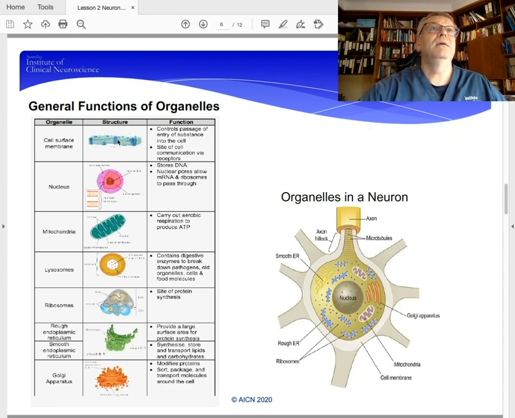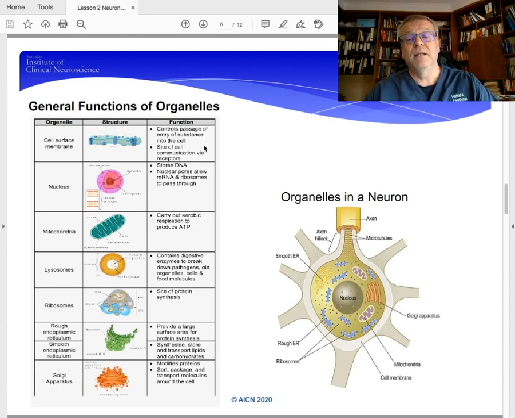So this is the cell surface bilaminar membrane that we've already talked about. And obviously, as we've discussed previously, it controls passage, the entry and exiting of substances from the extracellular or intracellular space. It also is very important because it is the site for receptors.